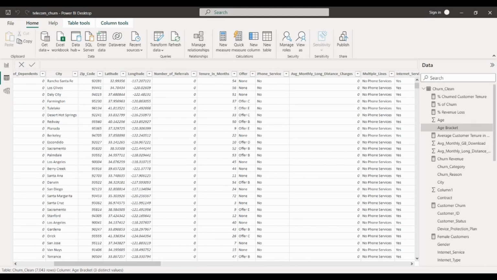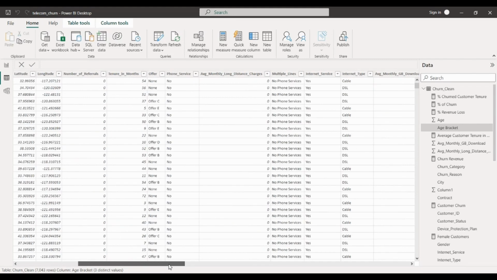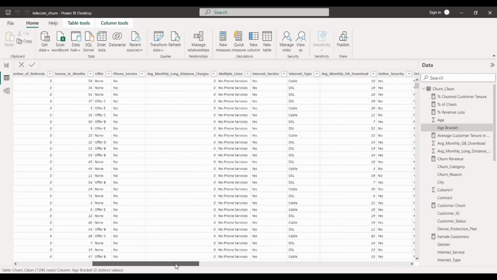So we have multiple lines, which means whether we have phone service or not, yes or no. Then internet service and internet type. In internet type we have almost 4 types of internet: cable, DSL, fiber.